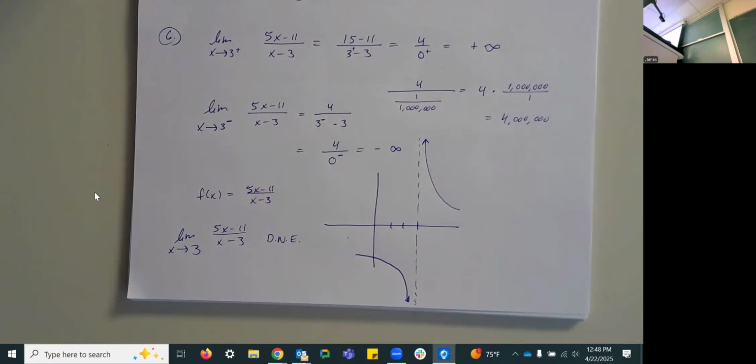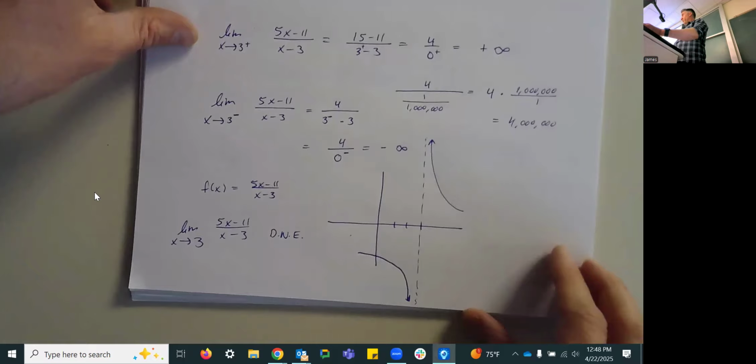But we're going to be more specific and say, okay, it doesn't exist, and we know it gets super large. On the other side, same thing. From this side, the limit doesn't exist, but it's getting super duper negatively large. But if you're looking at the double-sided limit, for it to exist, both sides have to do the same thing. Since one side's going this way and one side's going this way, we say that the overall double-sided limit can't exist because they're not going in the same direction.